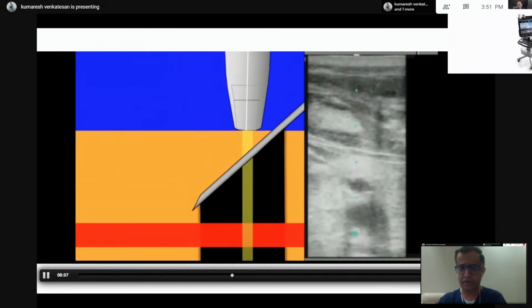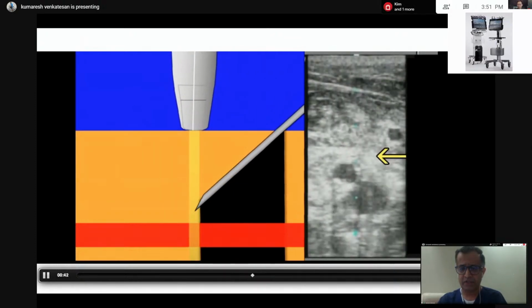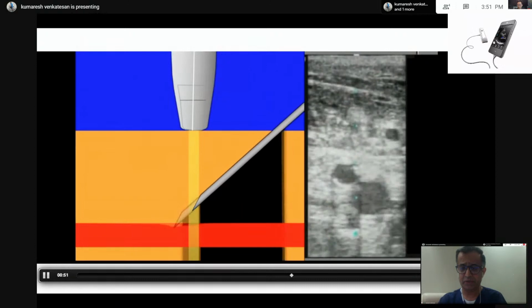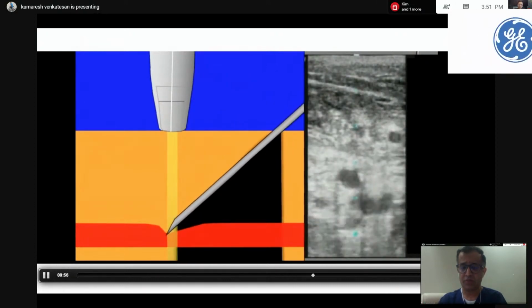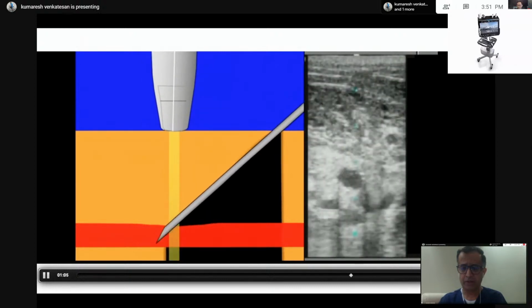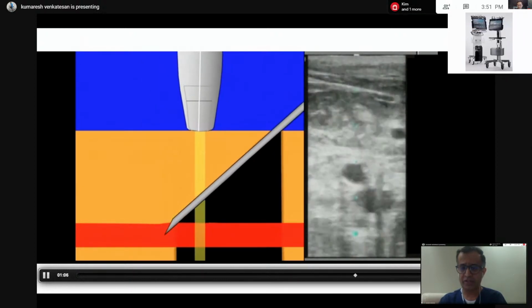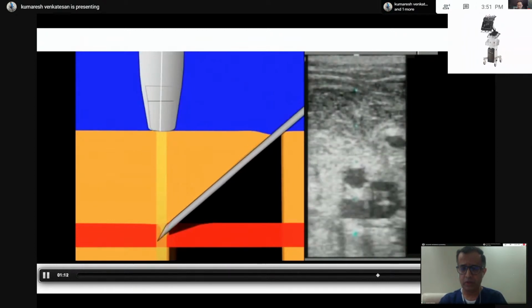Once you have reached the anterior vessel wall, if needed, you can redirect the needle tip. Then you start tenting the anterior wall of the femoral vein, and then you slowly enter the vein, and you start to see this bright spot within the vessel.